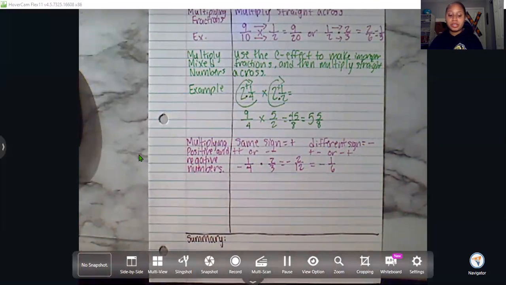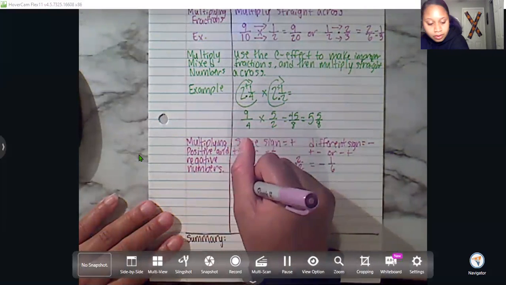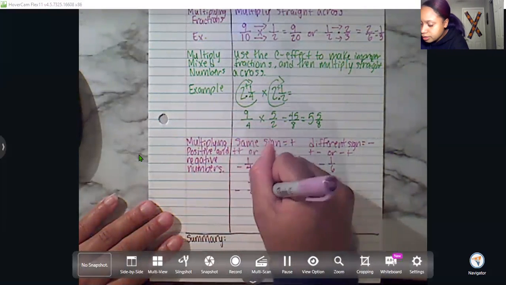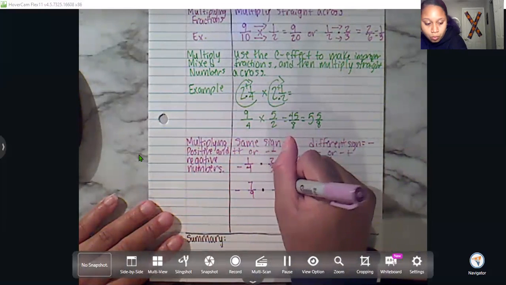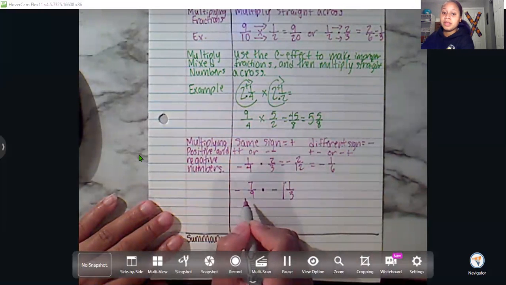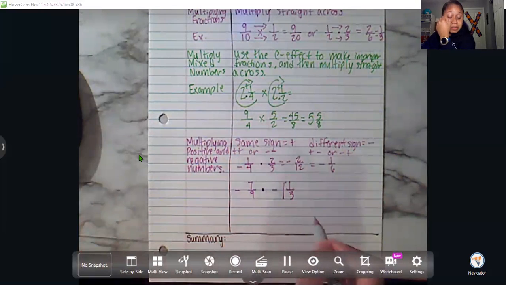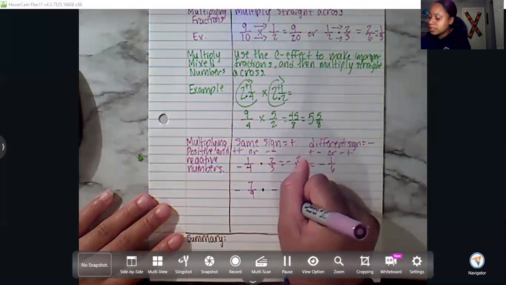Same thing happens if we try negative 7/9 times negative 1 1/3. So now we're multiplying a fraction times a mixed number. Since we do have this mixed number, remember we need to do our C effect.